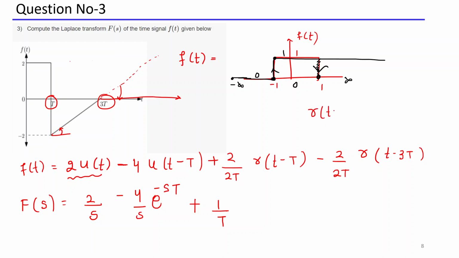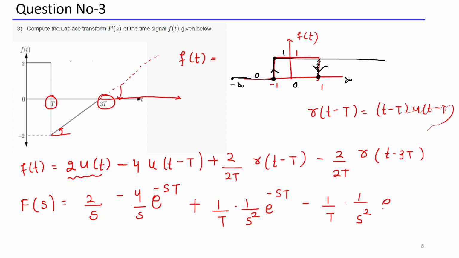You can write it as (t minus t) into u of t minus t. It becomes 1 by s square because of r, as the ramp signal r of t becomes 1 by s square, and e to the power minus st. Similarly here, 1 by t, 1 by s square into e to the power minus 3st.